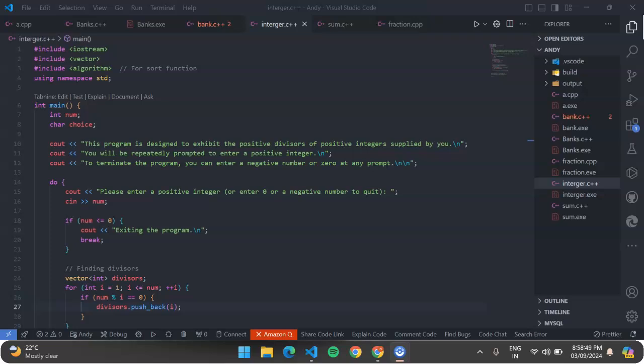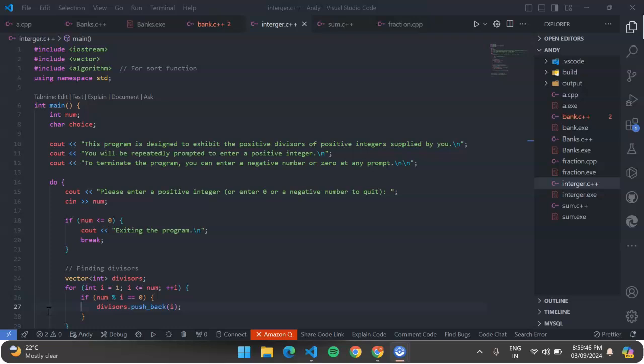The program should also ask the user whether he or she still wishes to enter more integers, in case he enters a negative or 0 integer accidentally, because the program is specifically designed to exhibit the positive divisors of positive integers that are entered.